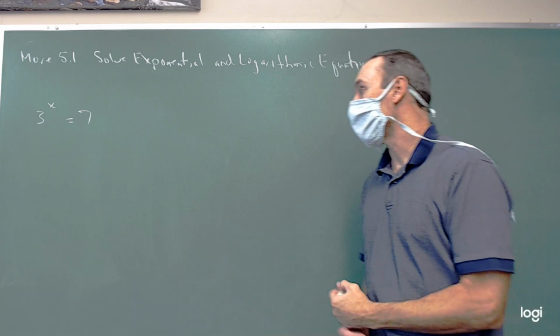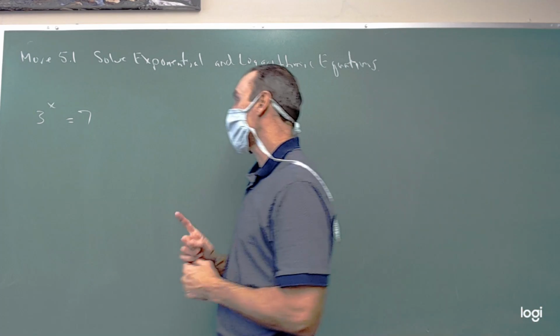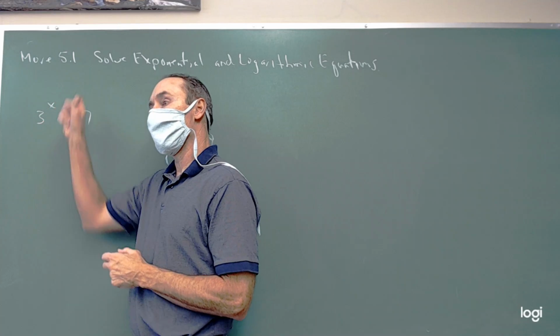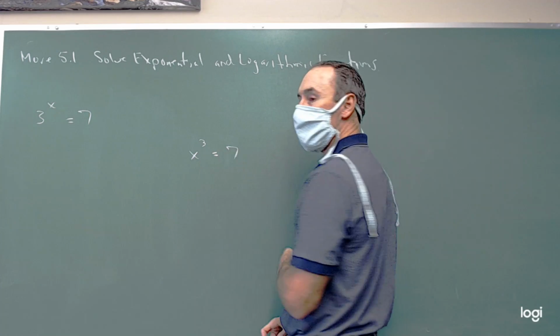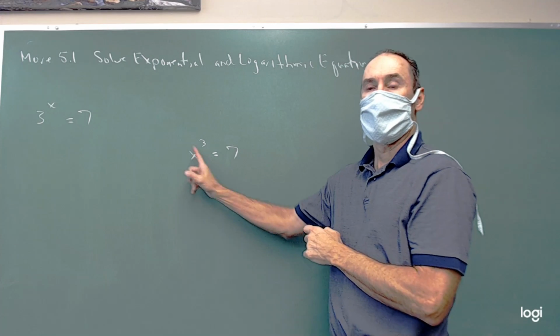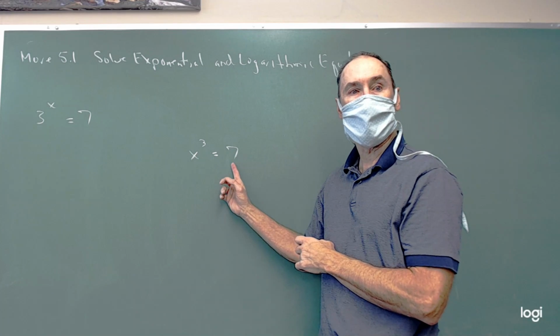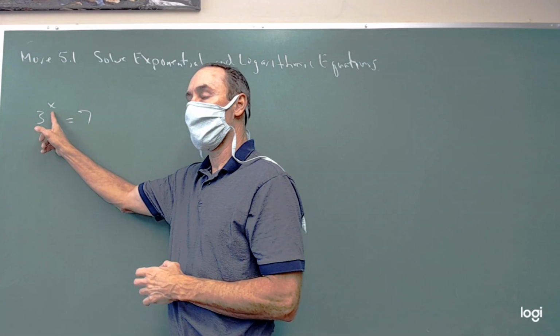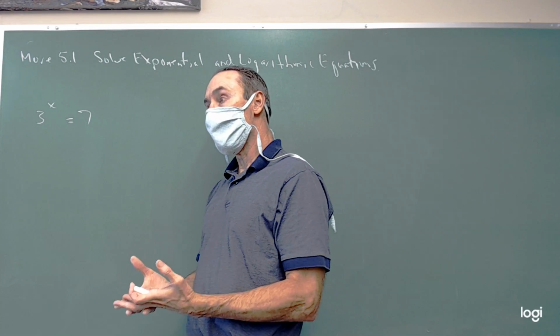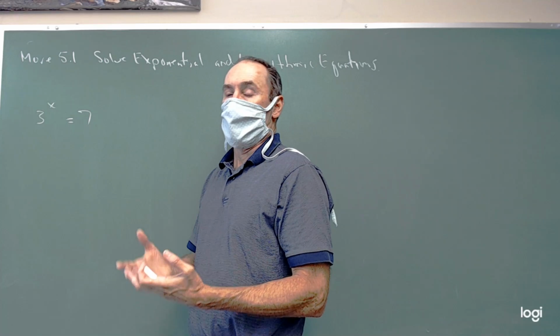That's an exponential equation. So remember, what makes it exponential is that the variable is in the exponent, as opposed to x to the third would be 7. That's a power equation. And this, we just take the cube root of both sides. But when we get the variable in the exponent, what we're going to do is take the log of both sides. It doesn't really matter.